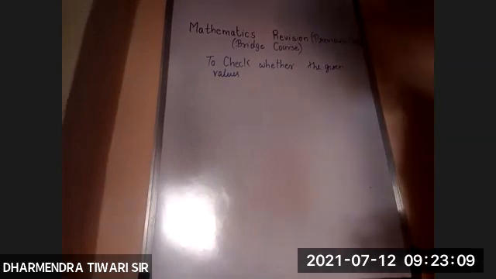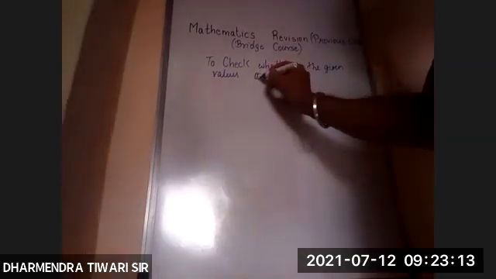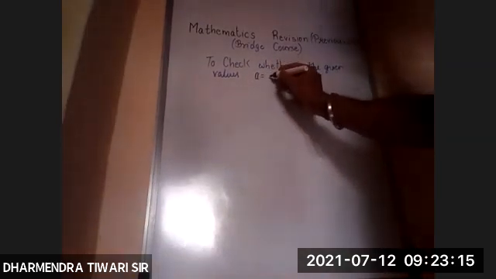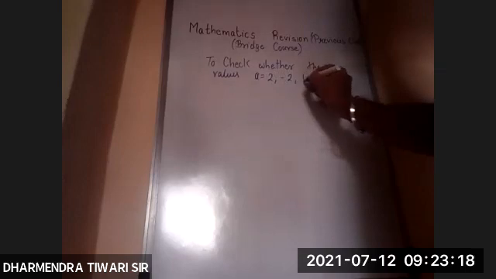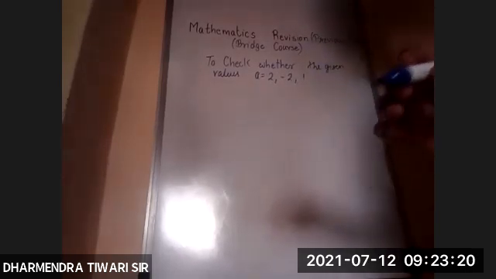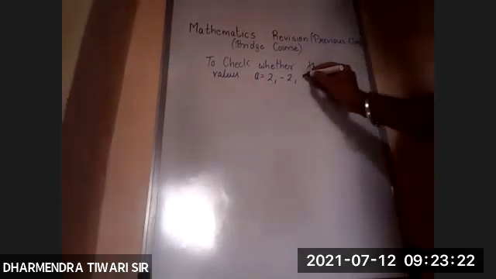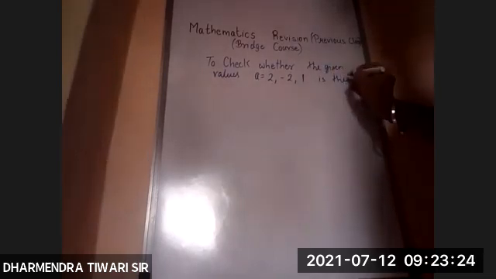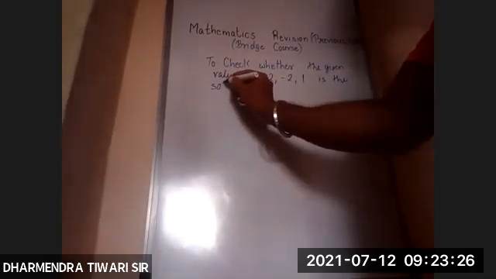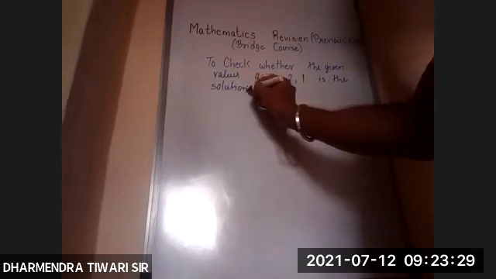So let's take a this time. Values of a as 2, minus 2, 1 is the solution of the equation.